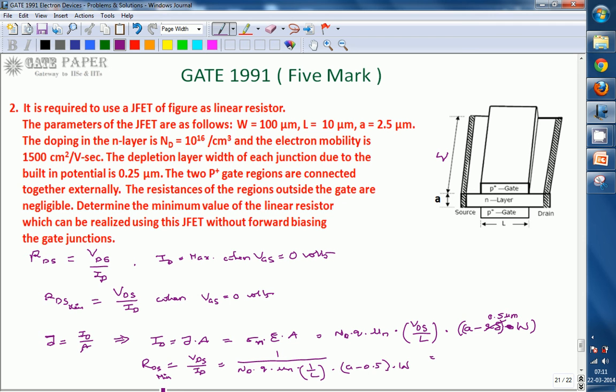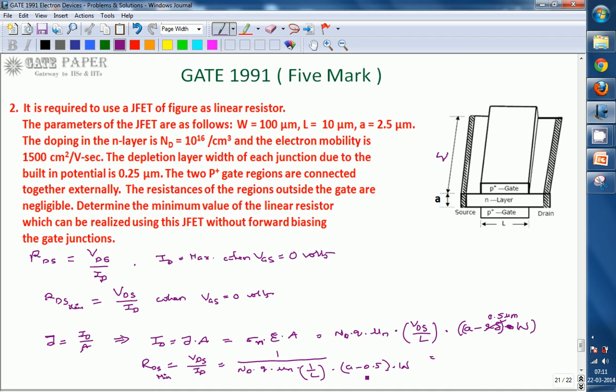A is taken whenever VGS is equal to 0. Otherwise the channel height will be indicated with B. B of X is the channel height whenever VGS is not equal to 0. Whenever VGS is equal to 0, A is the channel height, but the channel height itself is shortened because of the potential barrier formed by the two P plus N junctions, so we write A minus 0.5 here.